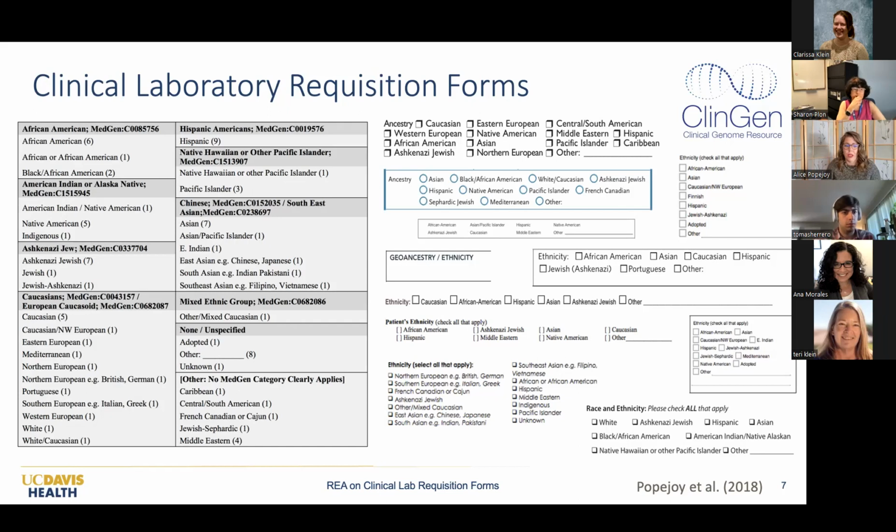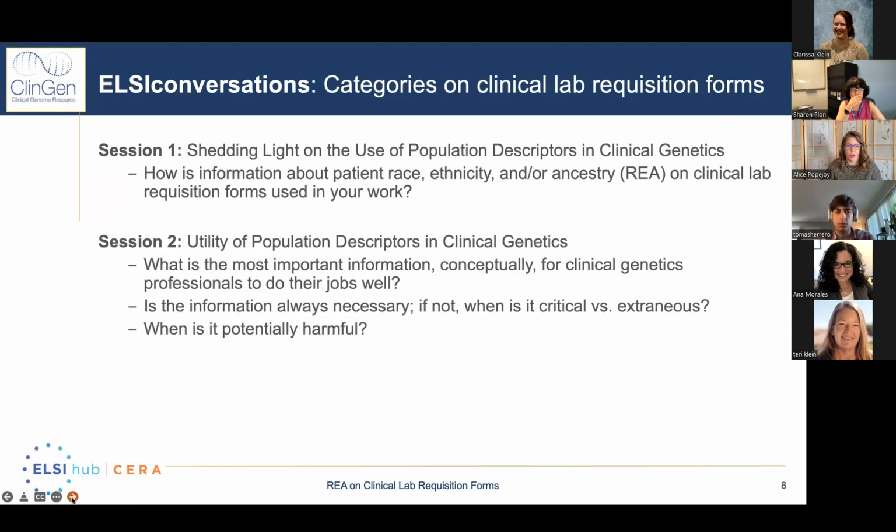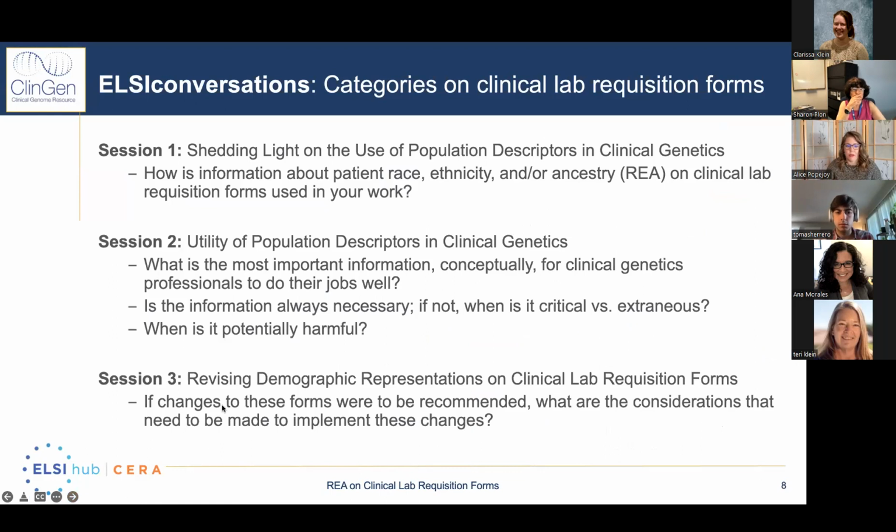For example, on an LC Hub conversation series, one of the presenters, Laura Duclasio, who's here, talked about revising the clinical lab requisition forms at ARIP labs. And then we had Anna also talking about changing their clinical lab requisition forms, not necessarily on this particular question, but just the effort that they went through to do that.